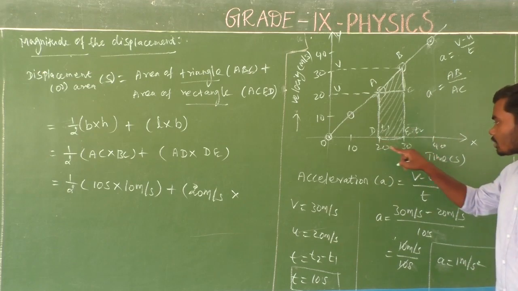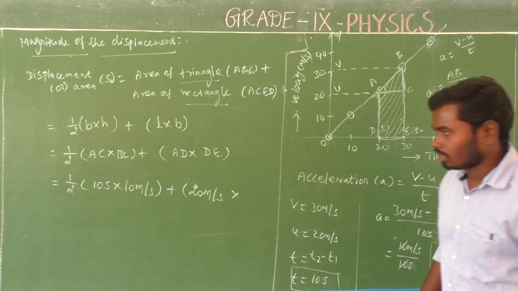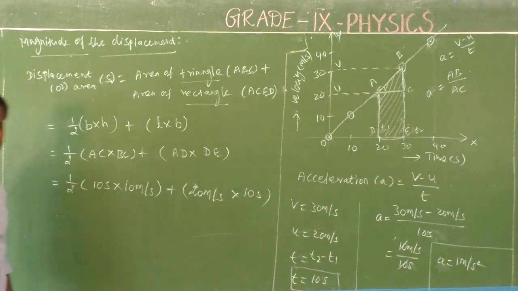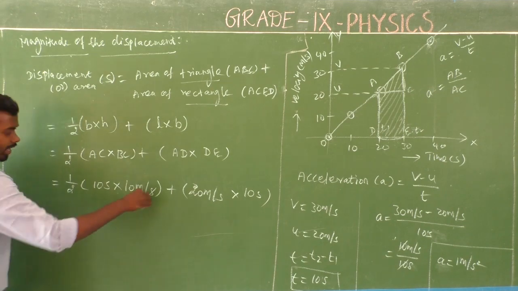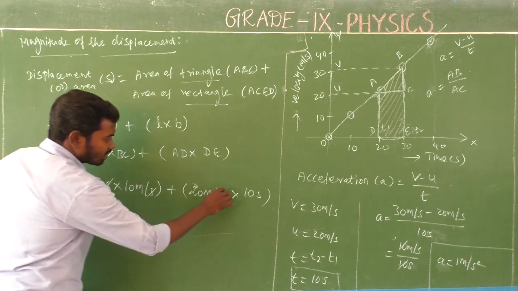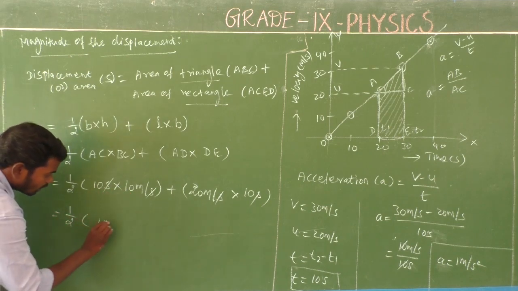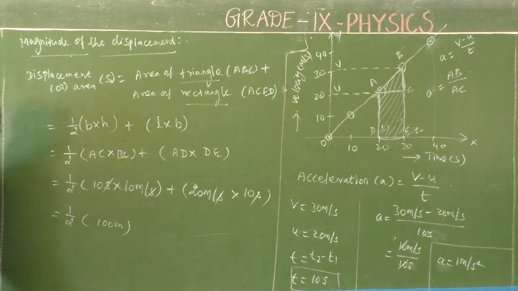So 30 seconds minus 20 seconds is equal to 10 seconds. Yes, the DE value is 10 seconds. Is it clear? Yes. Look here, second cancels, then here second cancels. So the remaining is half into 10 into 10 meters. How much? 10 into 10 is equal to 100 meters.